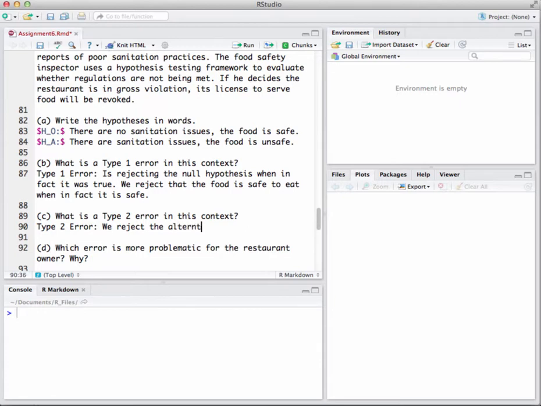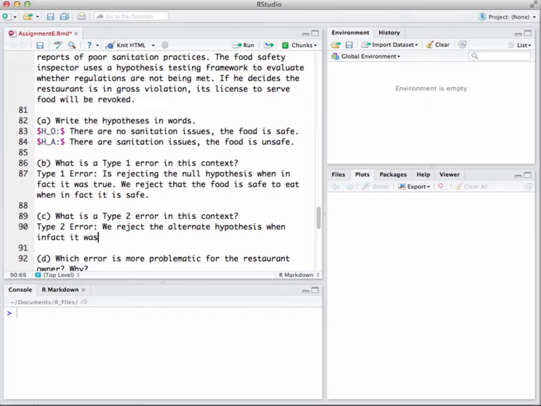So in other words, if we approach it with exactly the same way that we approach type 1 error, many times that makes it easier to understand what you're doing. So we reject the alternate hypothesis when in fact it was true. So notice these are both mistakes.